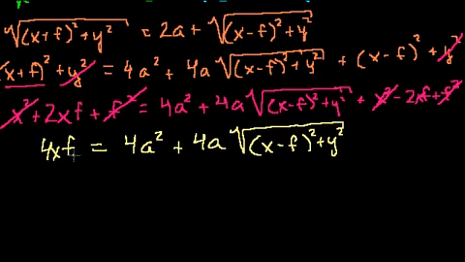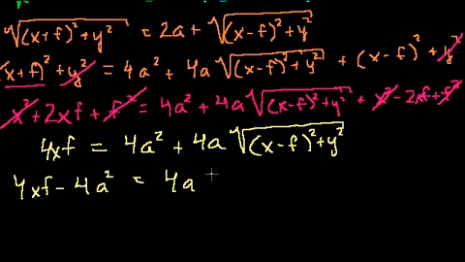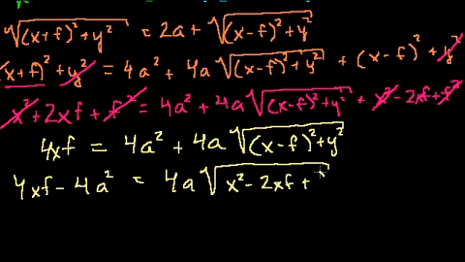So let's take this 4a squared, put it on this side. So you get 4xf minus 4a squared is equal to 4a times the square root of, well, let's just multiply this out, because we'll probably have to eventually, x squared minus 2xf plus f squared plus y squared. That's this just multiplied out.